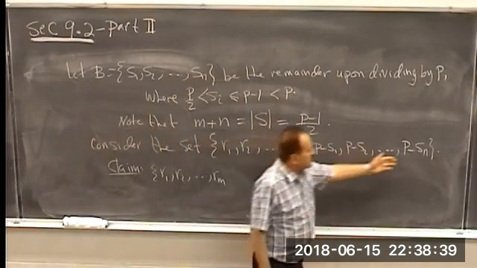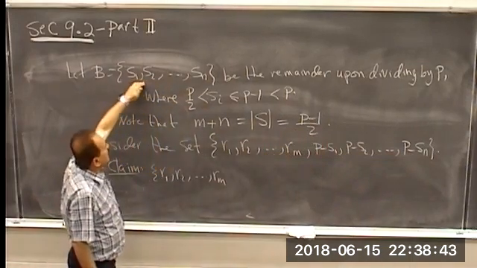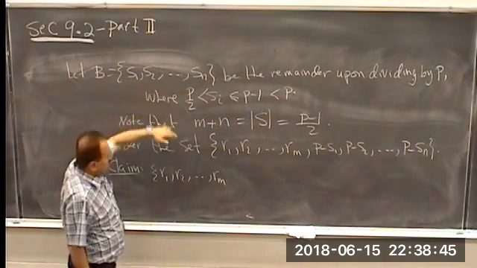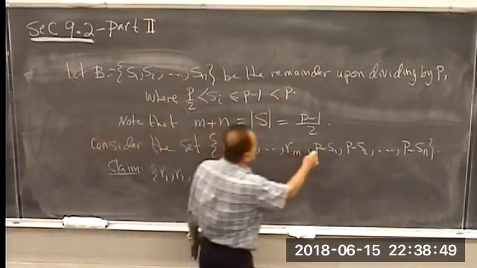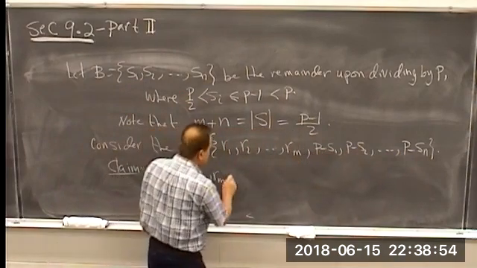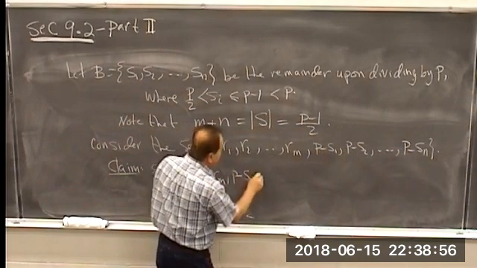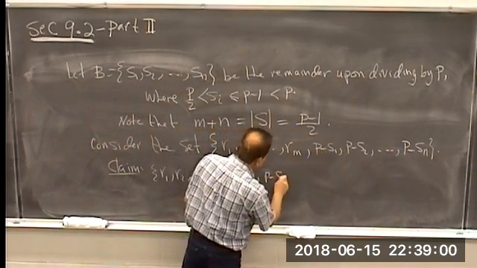These ones, the elements in S that have remainders bigger than p over 2, we are going to reduce them basically. We're going to subtract them from p, and doing this is going to size them down, mod p basically.